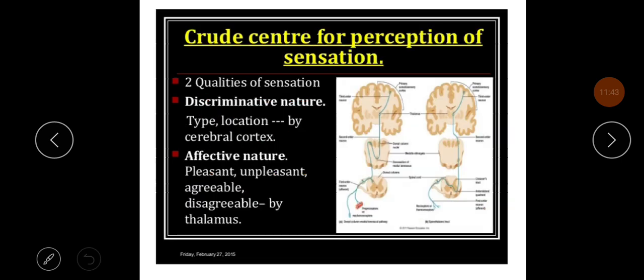So it acts as a crude center for perception of sensation. The type and location are usually detected by the cortex, but the affective nature, whether it is unpleasant or agreeable, can be perceived at the thalamic level itself.